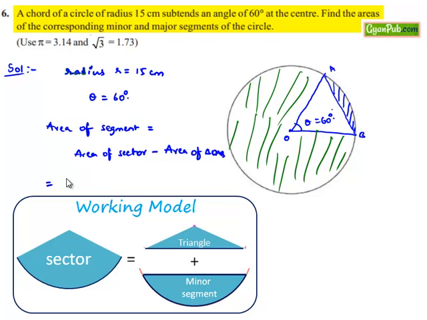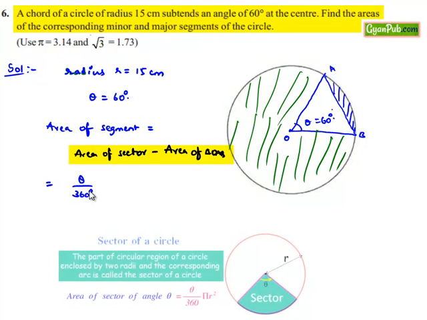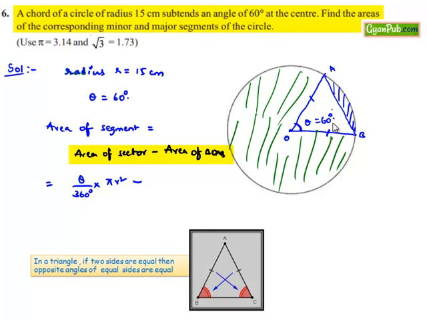That is equal to, the area of a sector when the arc subtends angle theta at the center is given by theta by 360 degrees into pi r square, minus the area of the triangle. Here if we observe triangle OAB, OA is equal to OB and the angle subtended at the center theta is 60 degrees.